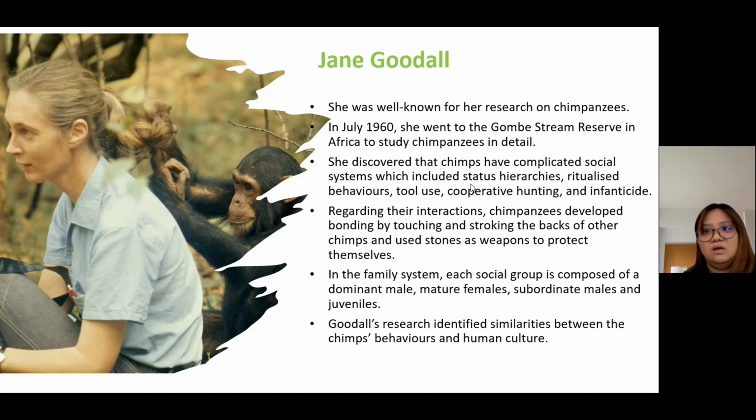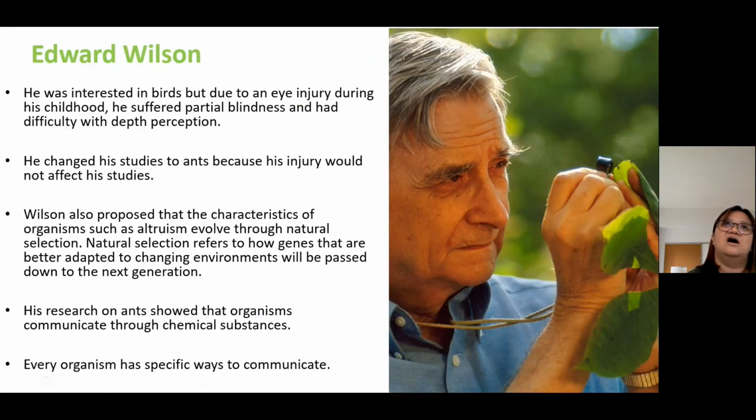So another modern biopsychologist is Edward Wilson. Edward Wilson was initially very interested in birds, but because of an eye injury during his childhood, he suffered partial blindness and had difficulties in depth perception.